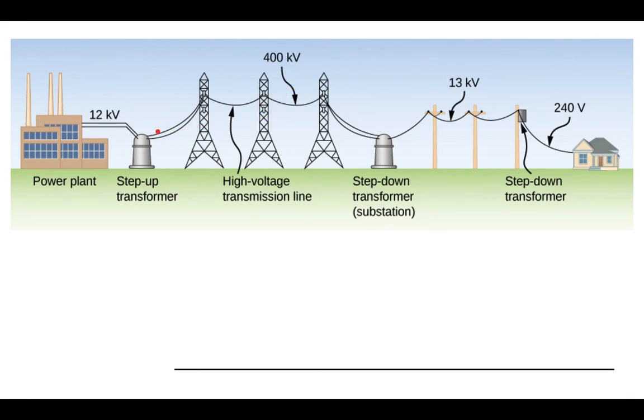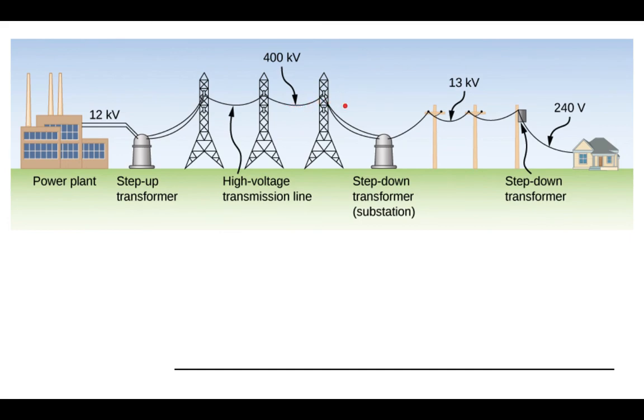So we use a step-up transformer where the alternating current in the primary side induces a changing magnetic field, and that changing magnetic field on the secondary side induces current on the secondary side. On the step-up transformer, the current is minimized and the voltage is maximized. So now we have 400K volts and we have current minimized to reduce power loss and energy loss.